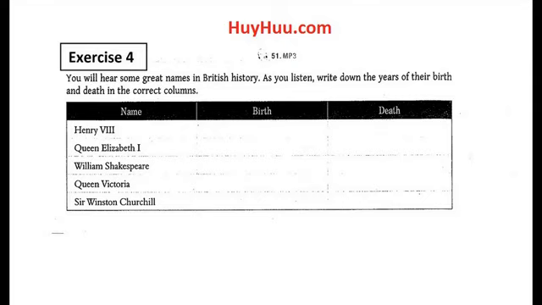Henry VIII was born in Greenwich Palace in London in 1491. He married 6 times and had 6 wives. He died in 1547. Elizabeth I was the daughter of Henry VIII, and she was born in 1533, the same place as Henry VIII.